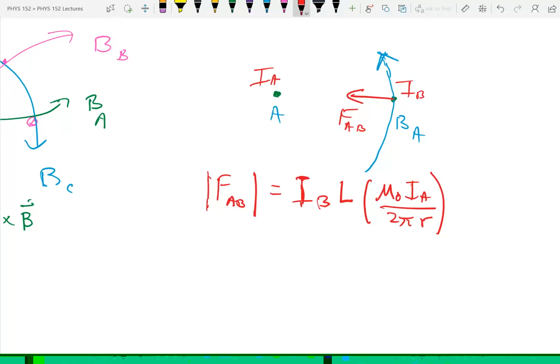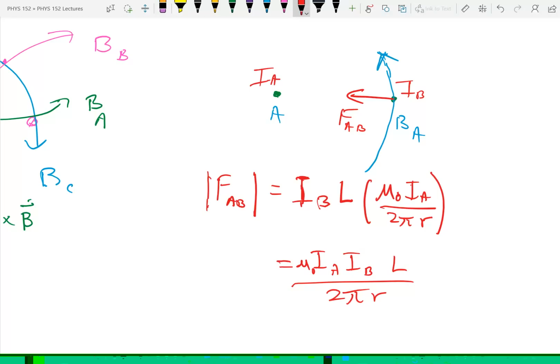We usually simplify this to say the force between the two wires, but it's multiplied by that L. What's the length of the wire?